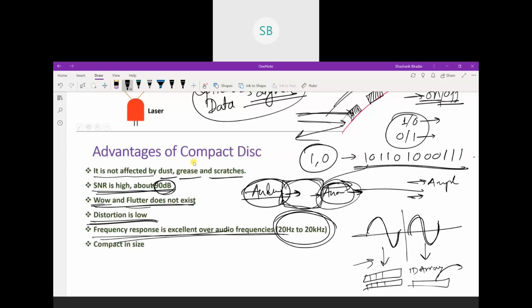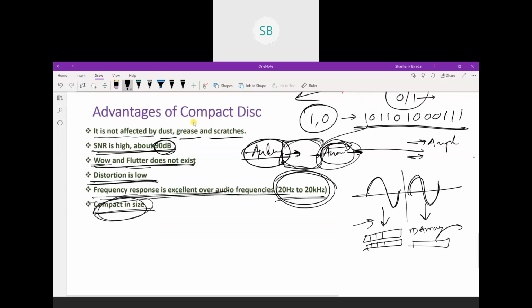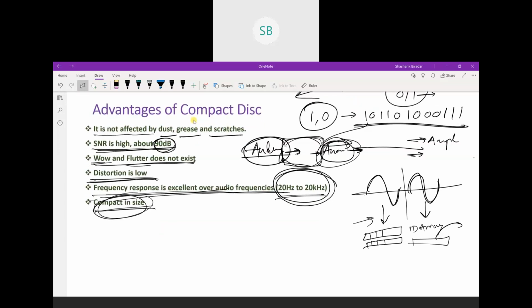So the frequency response is excellent over audio frequency. The main important parameter is compact size, because the bulkiness of the films has been reduced. Cinema halls are also using satellite technology, where the scheduled film is collected directly from the satellite and projected in the cinema halls.